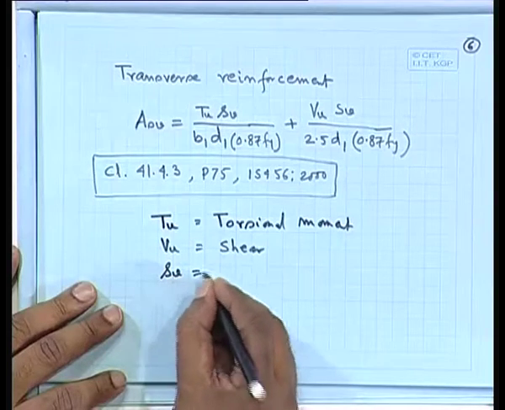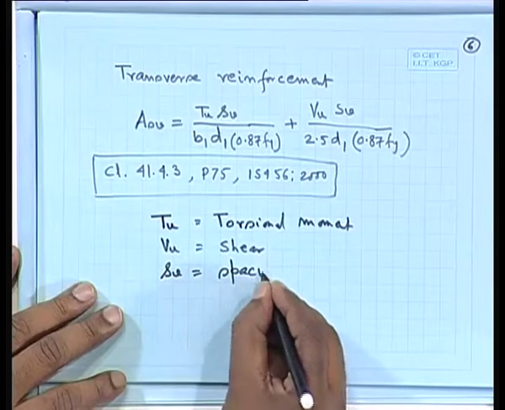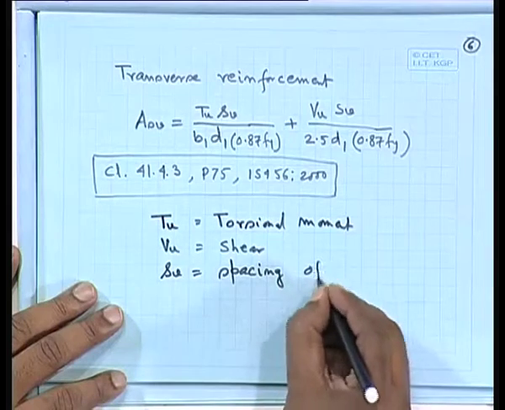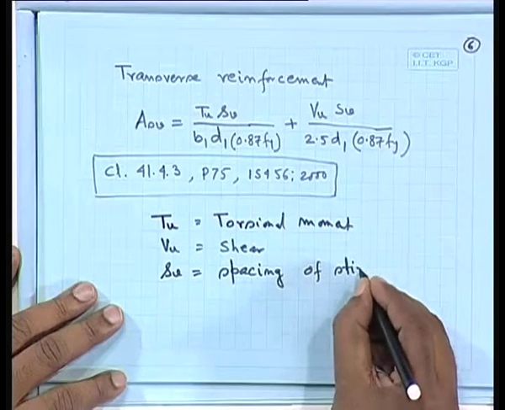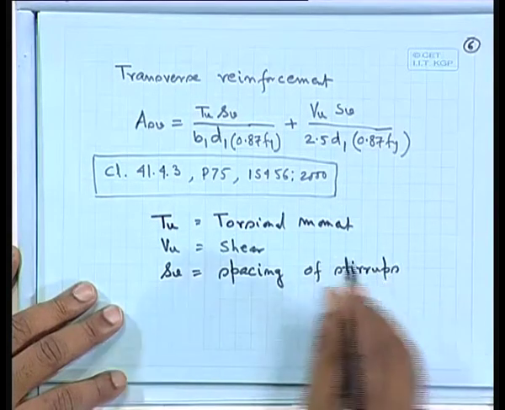Sv is the spacing of stirrups, because finally we have to provide that as stirrups. We call it web reinforcement.